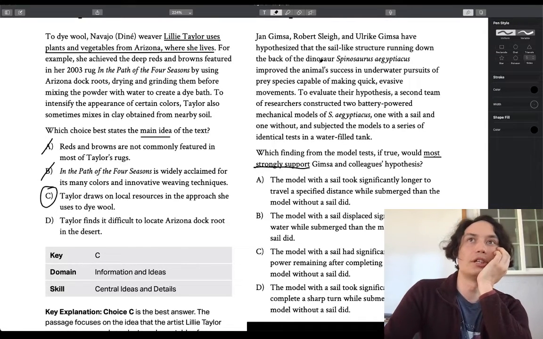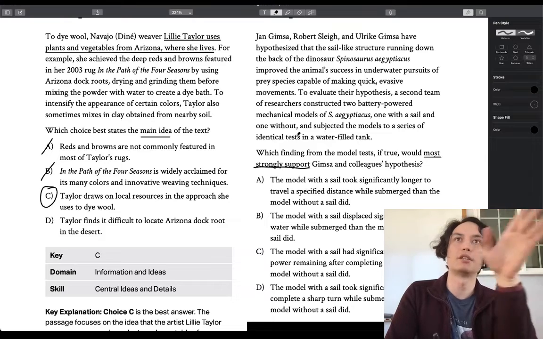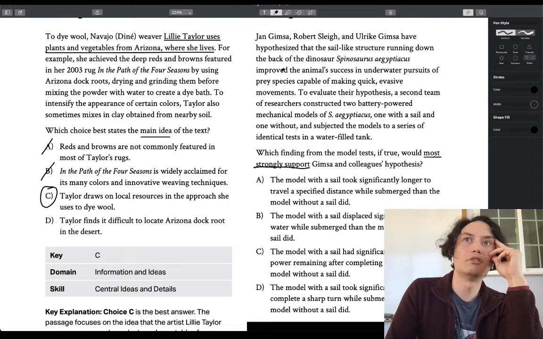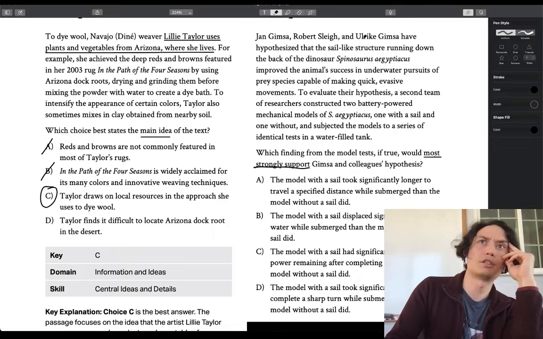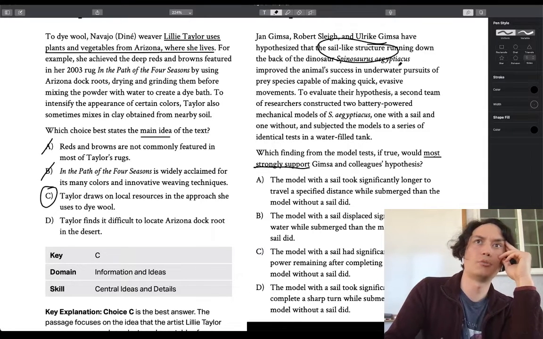Okay. Jen, Jimsa, Robert, and Ulrich have hypothesized that the sail-like structure running down the back of a dinosaur, Spinosaurus, whatever, improved the animal's success in underwater pursuits of prey species capable of making quick, evasive movements. Okay, so they think that the sail-like structure is going to help them catch quick underwater shit, you know?